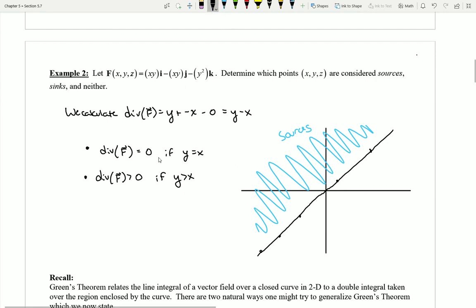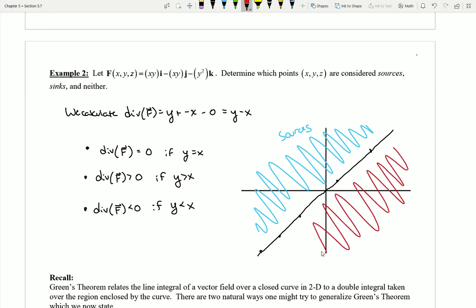Now I can also see that if my divergence is going to come out negative, that has to happen when my y would be less than my x. And so that would correspond to all the other points on this side. And so these over here would be considered my sink points.